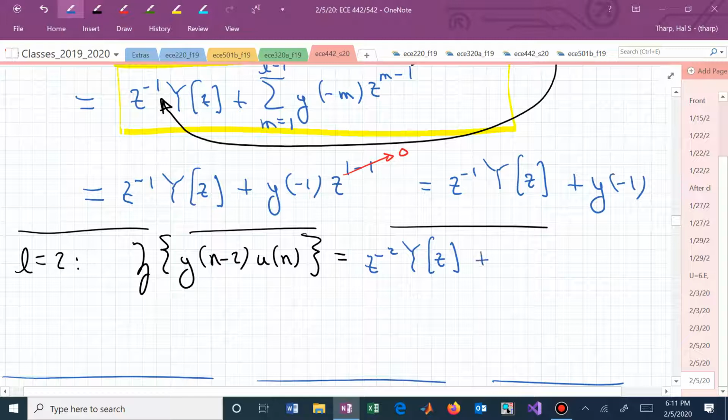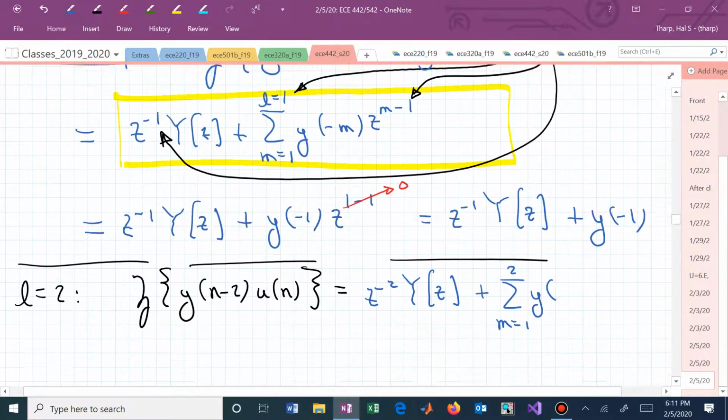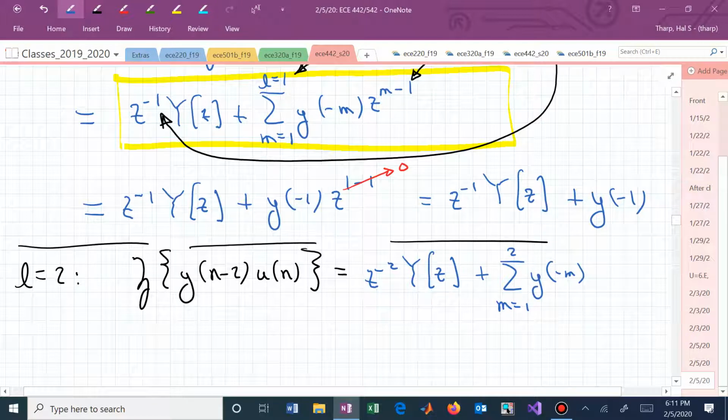And what do we have? Now we have this plus the sum over m equal 1 to 2 of y of minus m z to the m minus 2.